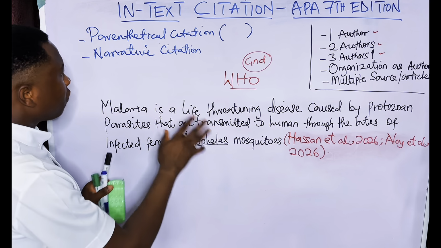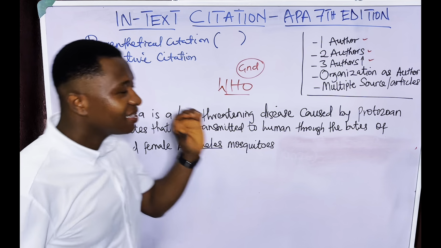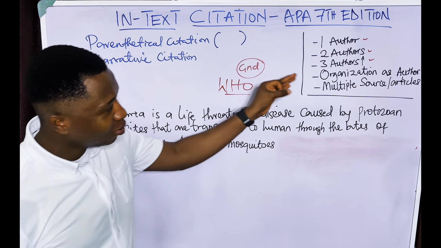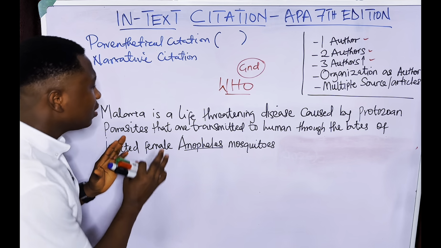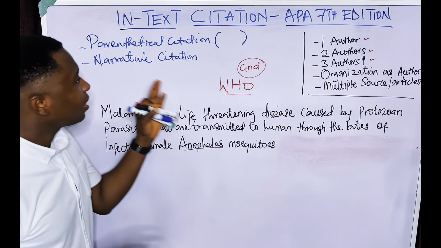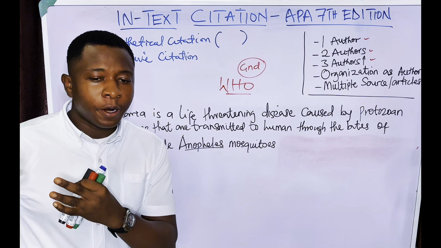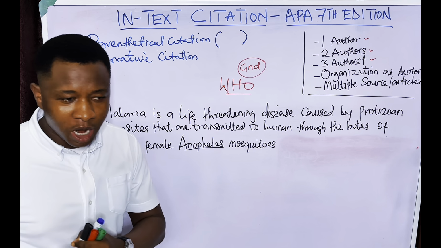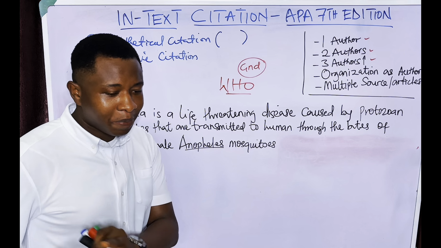Now, this is just for the parenthetical citation. So now let's look at the narrative citation for one author, two authors, three authors, and so on. Most times, the narrative citation always comes in your review of literature, especially in the empirical review parts.